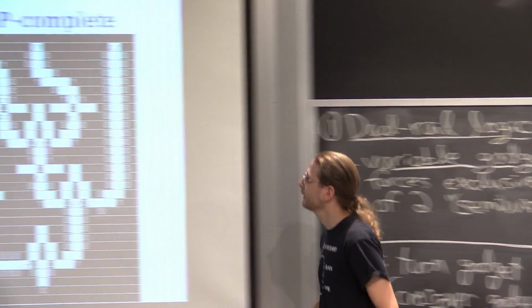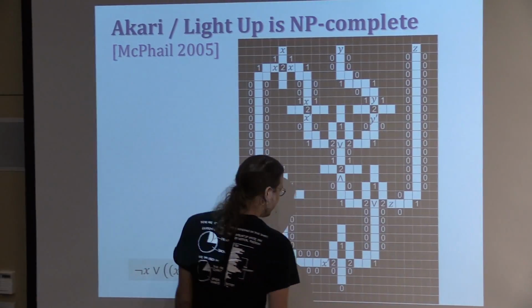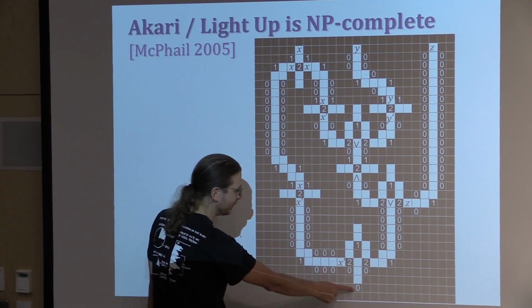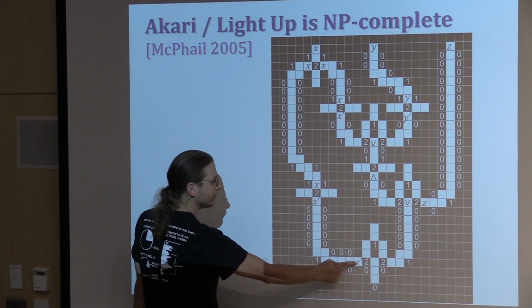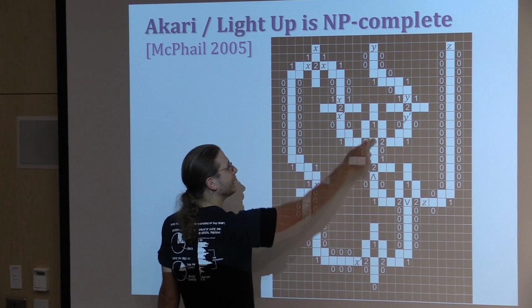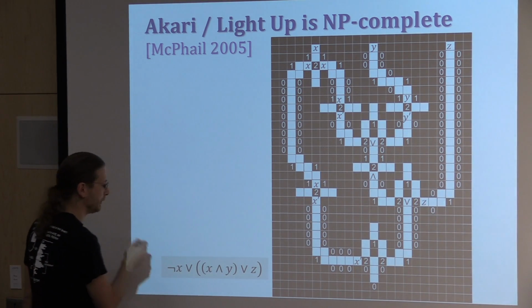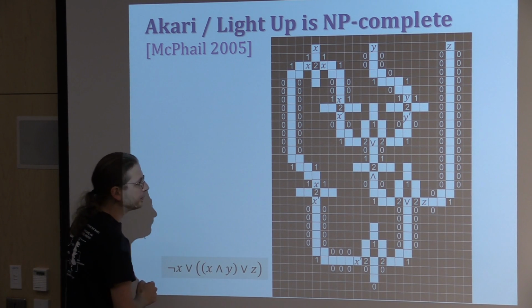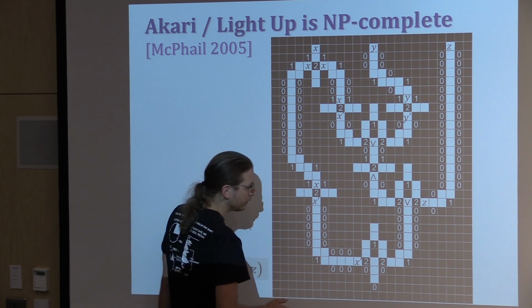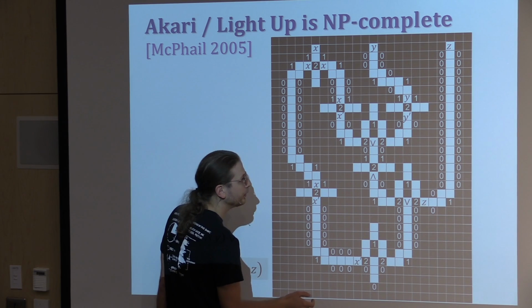Ah, good point. Thank you. There was one more point to this picture, which is this 0. This should be an OR of x false, and this OR of this and of blah, blah, blah, which is this thing. So if that wire's carrying true, then you don't need to put a light next to the 0. Otherwise, you would have to, but then that means the puzzle can't be solved.